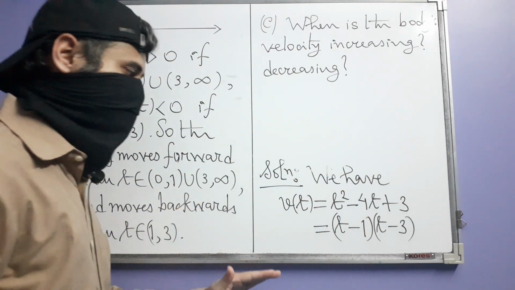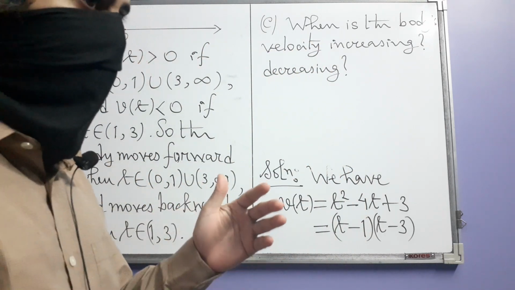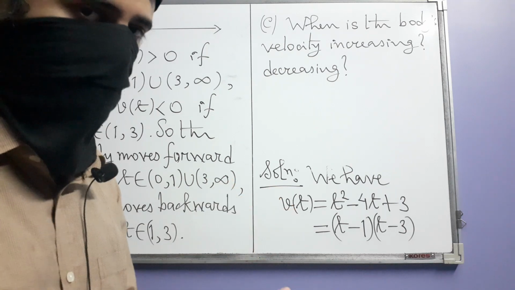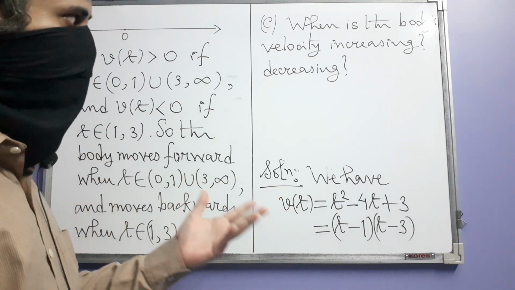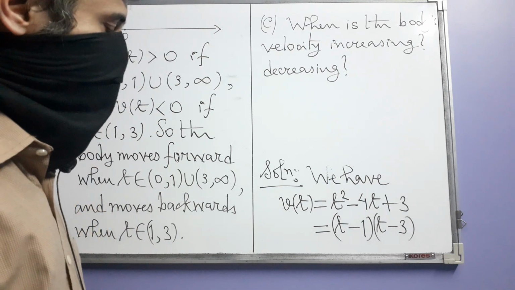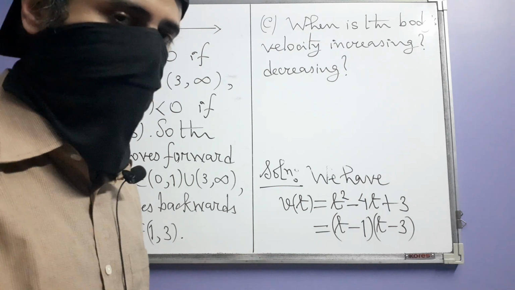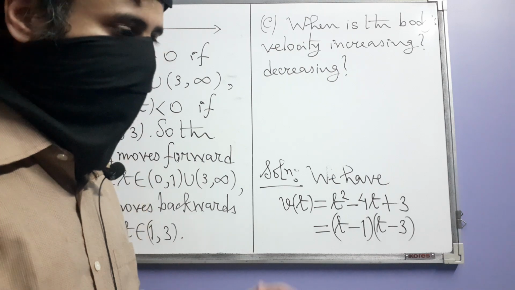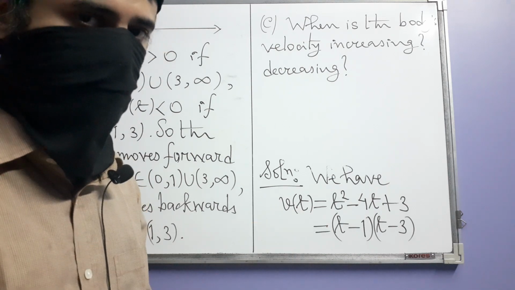Velocity increases precisely when acceleration is positive, and velocity decreases when acceleration is negative, because the sign of acceleration determines the direction of velocity.